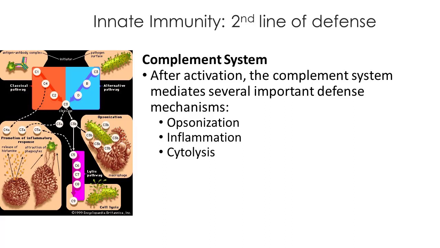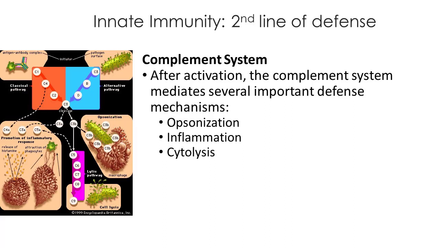But when you have an antibody and a pathogen that comes in contact with the first complement protein, that's going to activate. That then becomes an enzyme that activates the next, that activates the next, and activates the next. You break these complements into subunits, and typically you'll see them as A subunits and B subunits. As you go through this cascade, that is going to lead to the activation of the complement proteins and downstream immunological and physiological effects.